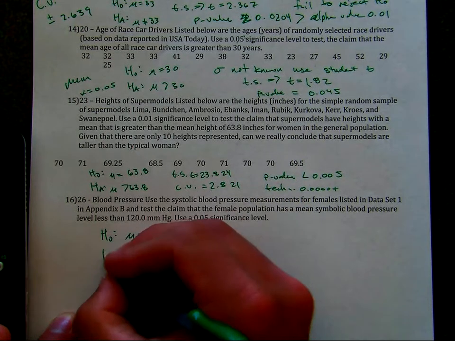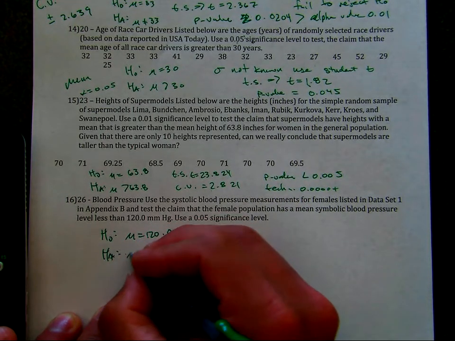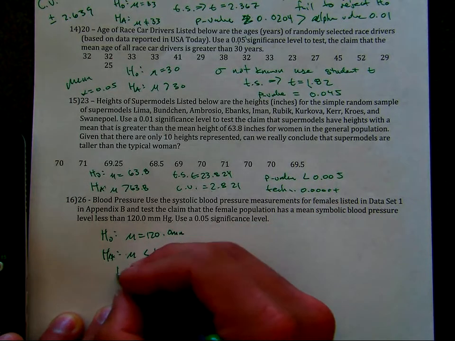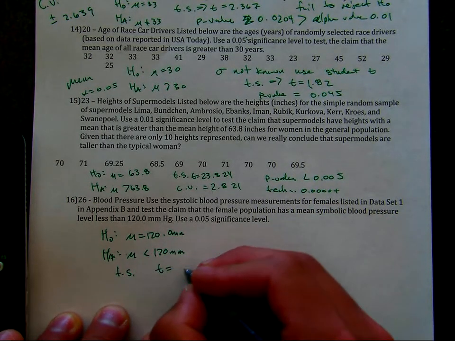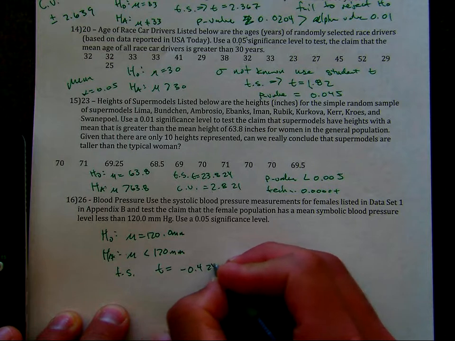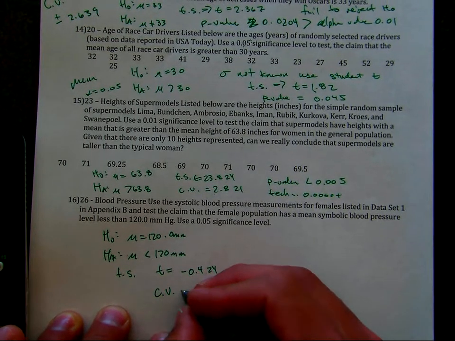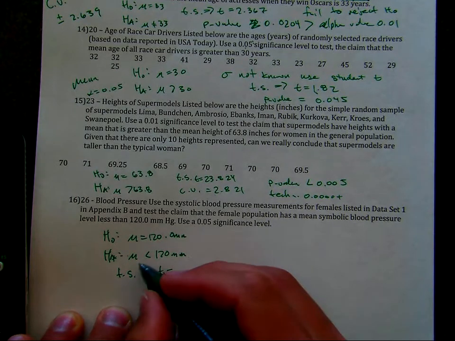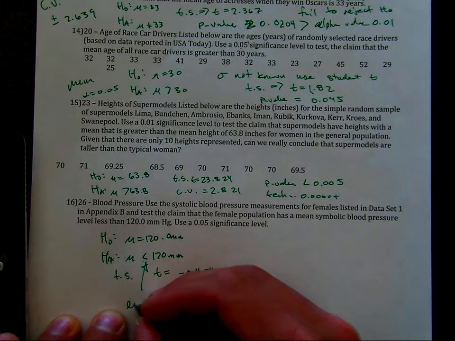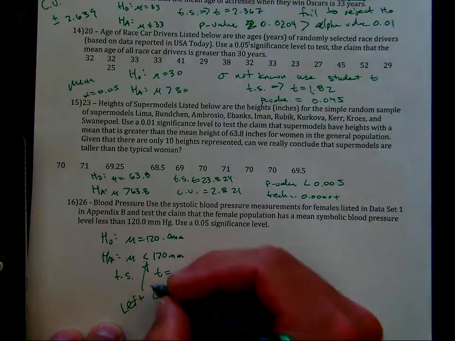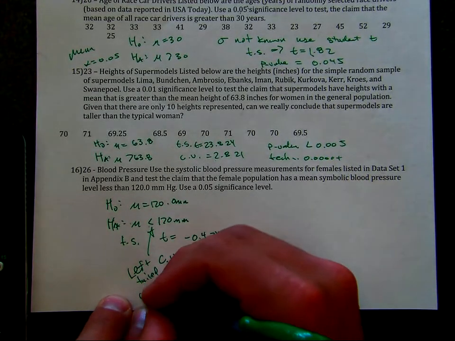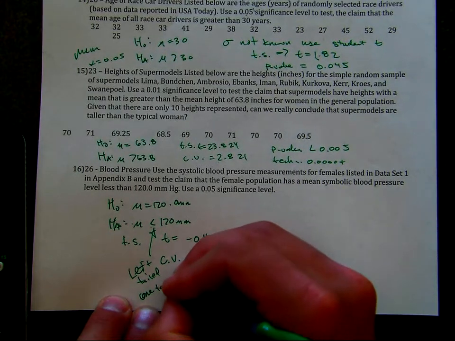Your test statistic should be t equal to negative 0.424. The critical value for t is going to be negative 1.685 because this is left-tailed, and it's one-tailed, right? That's our test statistic and that's our critical value.